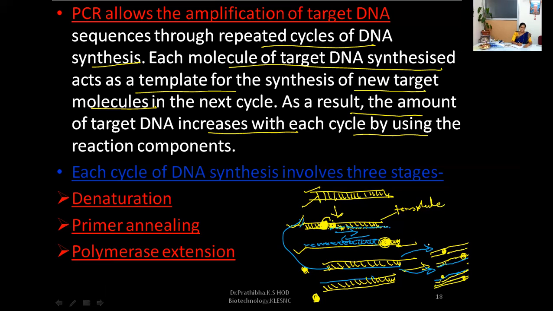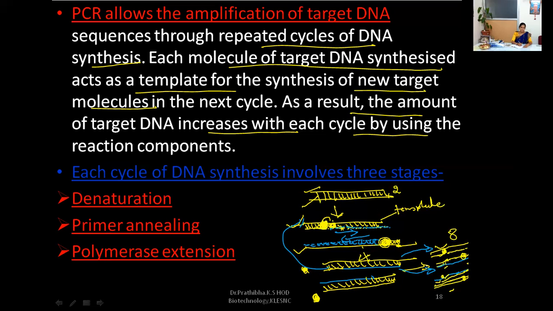So how many strands do we have now? 1, 2, 3, 4, 5, 6, 7, 8. From 4 strands we got another 4 and they become 8 strands. Earlier we had 2 strands, then 4 strands, then 8 strands.